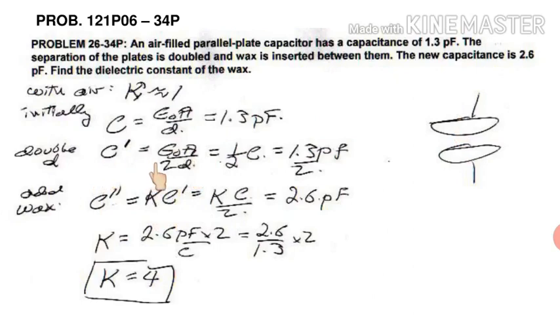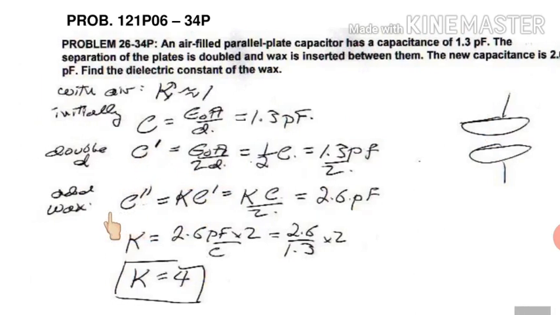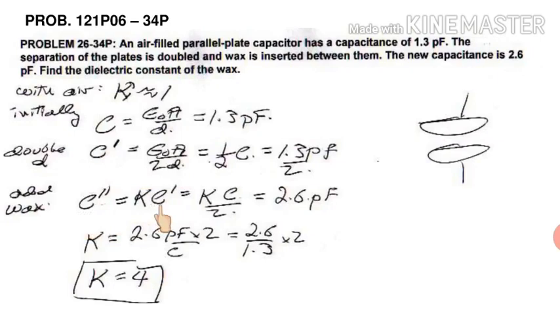Right now the capacitance is C dash, so C double dash will be K C dash. Now what is C dash? We know, C by 2. So finally C double dash is equal to K C by 2. But the value of the final capacitance is also given, and it is 2.6 picofarad. So finally K C by 2 is equal to 2.6 picofarad. I think this thing is clear.